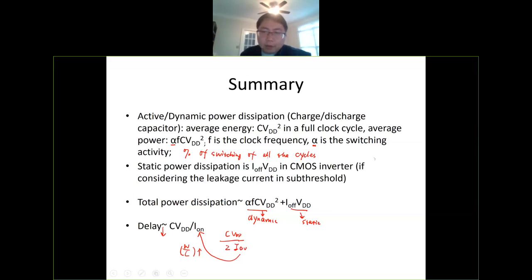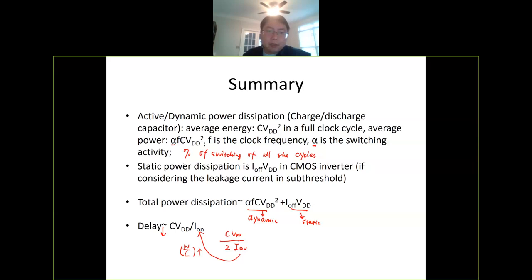So this is a quick summary. For dynamic or active power, we have alpha F C VDD square. Here we add this coefficient alpha to represent the switching activity, because not every clock cycle are you going to have the flipping of your input. Only at certain cycles you will flip the input from 1 to 0 or 0 to 1.